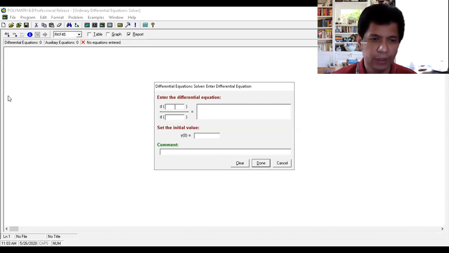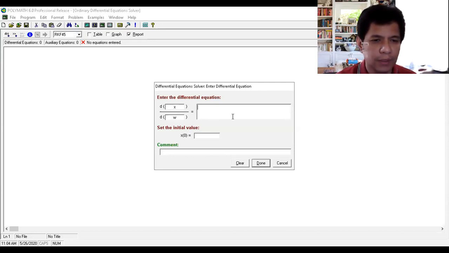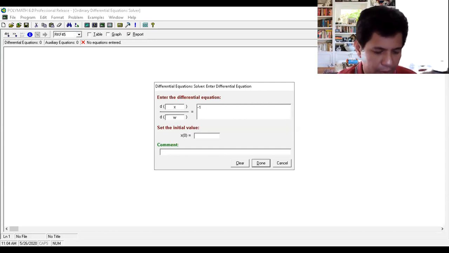So yun munang yung dX/dW, which is negative RA, equals negative RA over FAO. So dX, and then right here we have W. Tapos may negative 1. So let's enter negative 1, tapos if you still remember, times is just star, times RA, and then all over FAO.